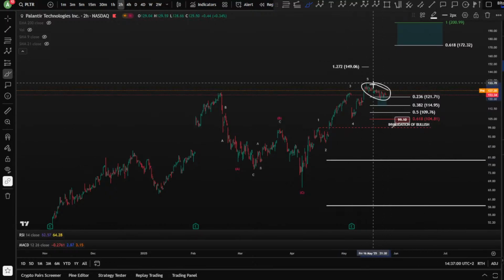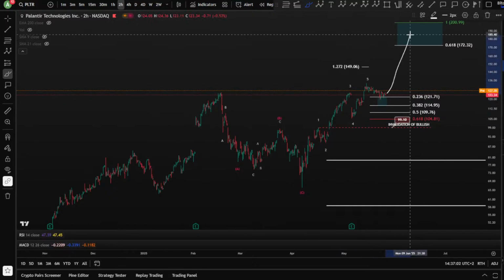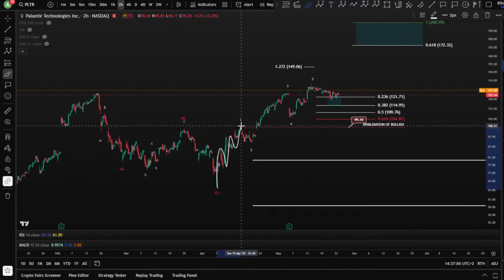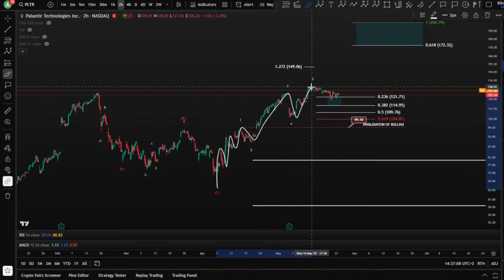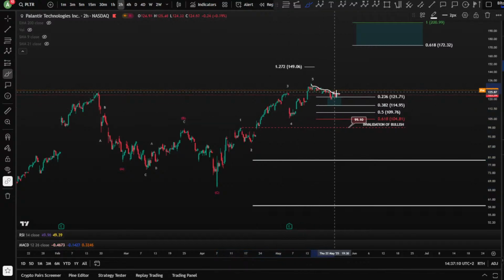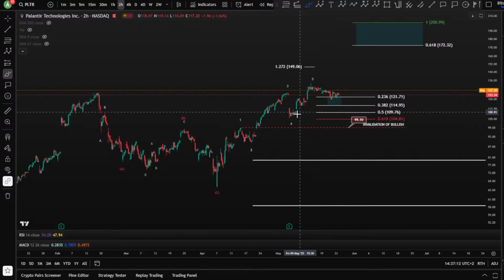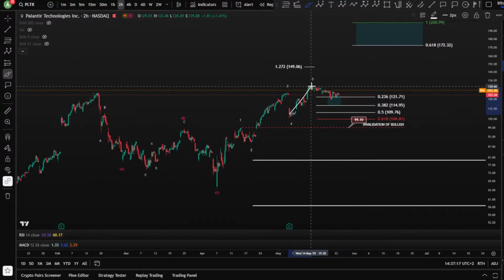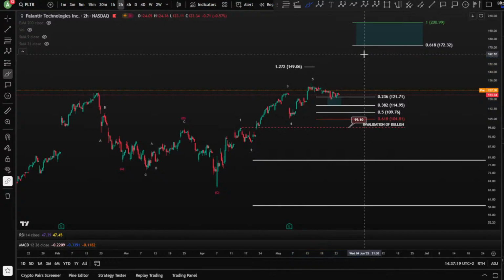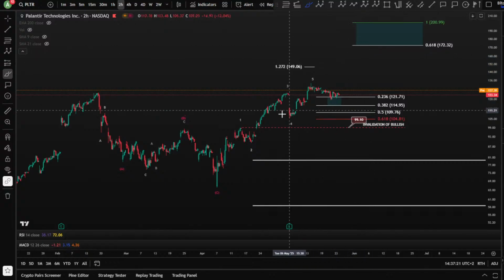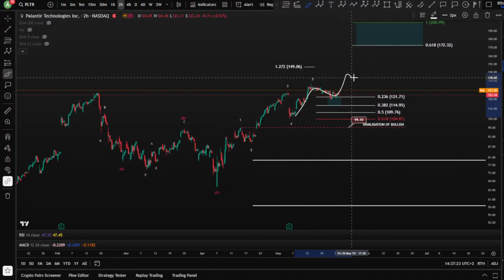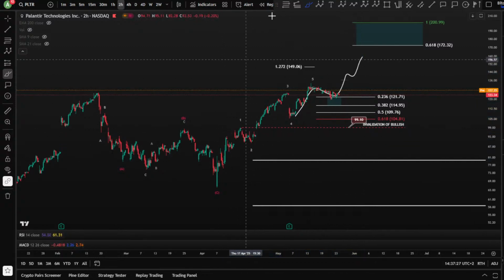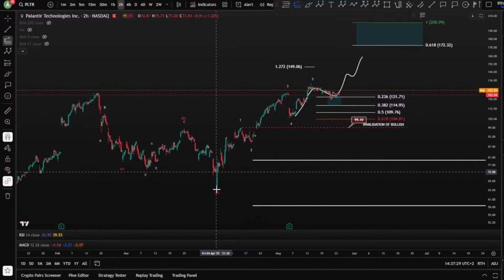And that because we are very corrective. And I believe that we're still moving for higher sooner or later. Now, this structure already looks like a wave 1 finish, 2, 3, 4, and a 5. Why we are very corrective, I have no idea yet, unless this is getting extended. So like a 1, 2, 3, 4, 5 as explained. But if we have an extended wave 5, is the wave 3 longer than the wave 1? This is a question right now.